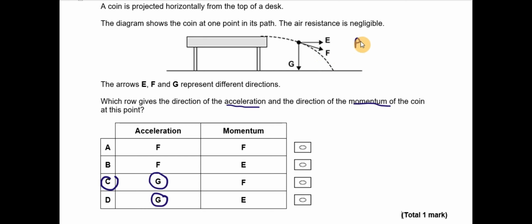As momentum is given by mass multiplied by velocity, and velocity is a vector quantity, the momentum must be in the direction F. So the only line where both these statements are correct is line C, your answer.